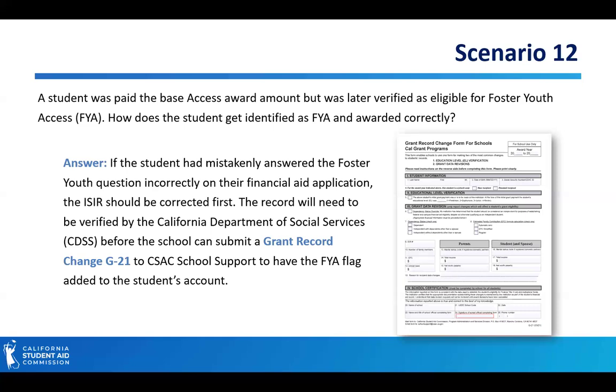And then we will have you submit a record change, that G21, to our school support team to have the foster youth flag added to the student's account, which will then in turn give them that increased access award.